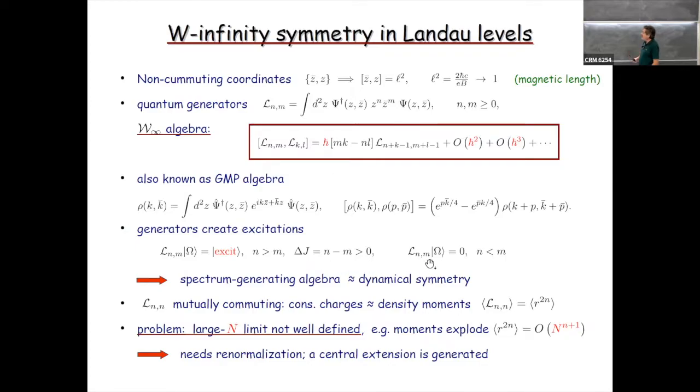Vice versa, if I apply it with n less than m, this gives 0, because I'm trying to make a particle-hole excitation inside the Fermi sea. That is impossible. So that's a basic ground state condition that fits with a conformal field theory, as we shall see.